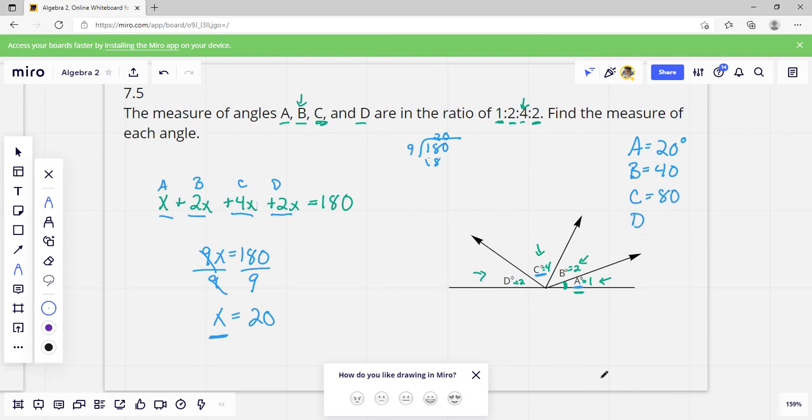And then D is another 2 times, so that would be 40 degrees. And if we added all those up, we should get 180. Yep. So those are basically just a ratio, but the key to being able to solve this is knowing that this is all 180.